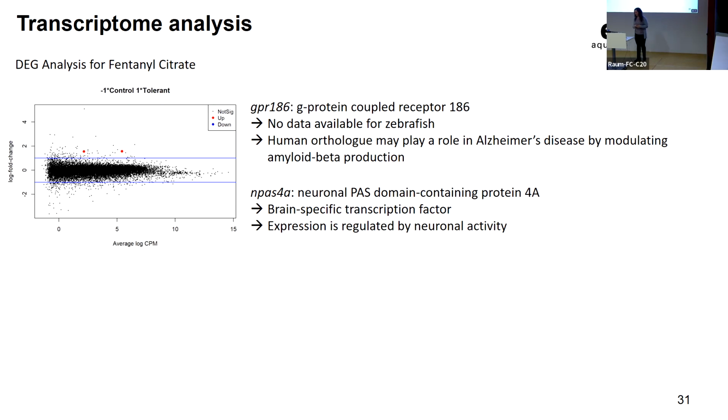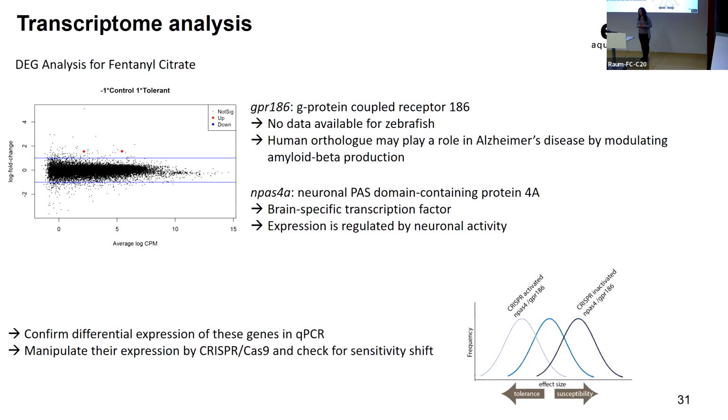The other gene was a brain-specific transcription factor whose expression is regulated by neuronal activity. We are now in the process of confirming this differential expression in qPCR experiments, and the final aim would be to manipulate the expression of these genes by CRISPR-Cas9 tools and to see whether there is a sensitivity shift in these edited larvae.